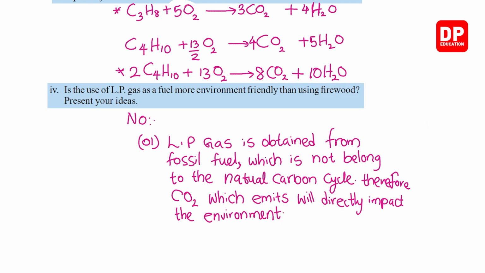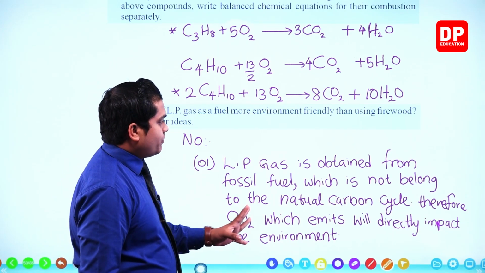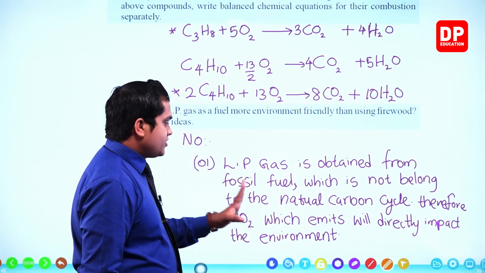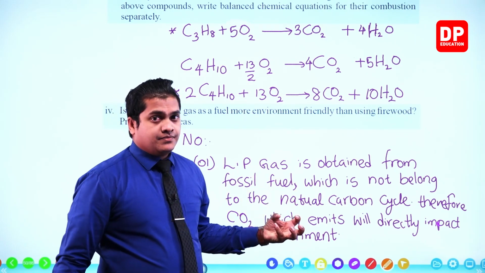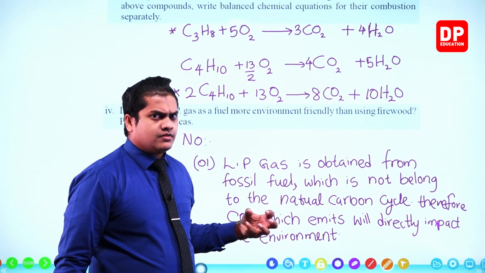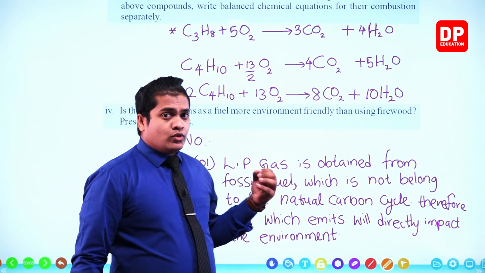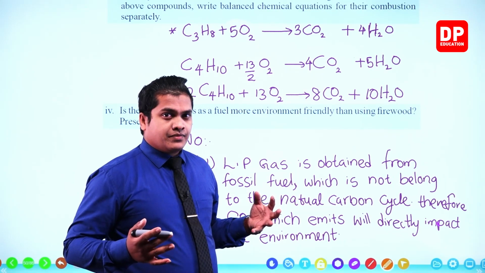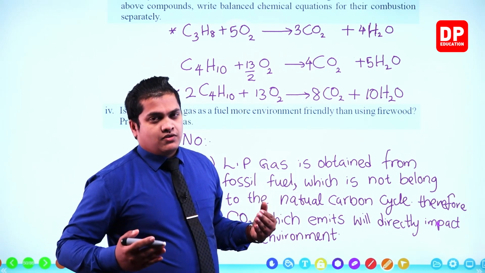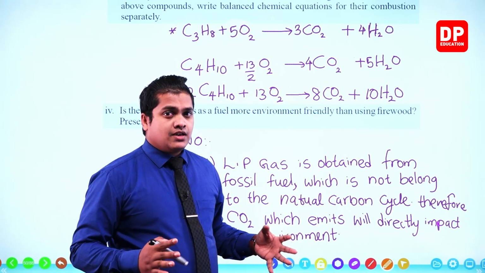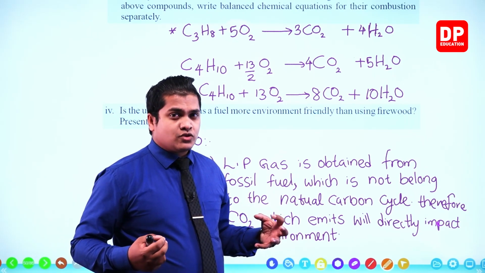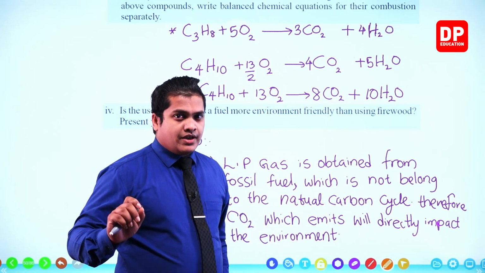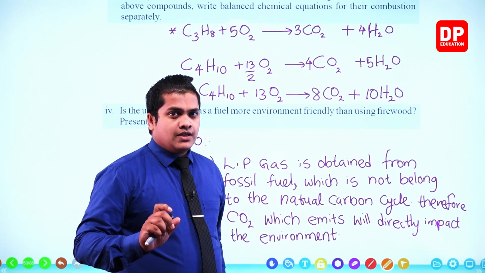Right, so this is the reason, my dear children. LP gas is obtained from fossil fuel, which does not belong to the natural carbon cycle. Fossil fuel does come from the natural carbon cycle, but it takes millions of years to form. So burning fossil fuel releases carbon dioxide gas once again to the environment.